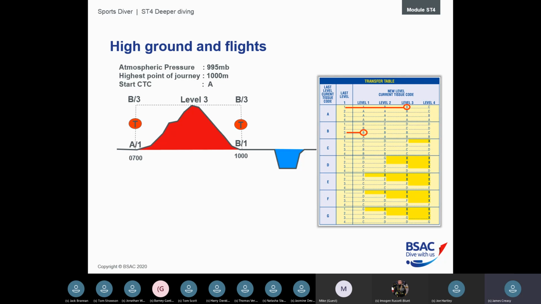We've now descended back down to atmospheric pressure of 995 millibars. That is a level 1 zone on the previous table. So we go along from our last level on a tissue code B to B3, goes on to level 1, and we are still a tissue code B. So if we're going to go diving after that drive, we need to use a table for a tissue code B, so a B table.